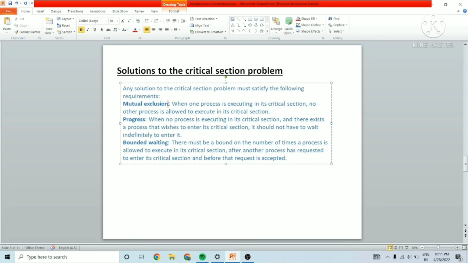There must be a bound on the number of times other processes are allowed to execute in their critical sections after a process has requested to enter its critical section and before that request is granted. So these are the three requirements. We have to fulfill these requirements to solve the critical section problem.